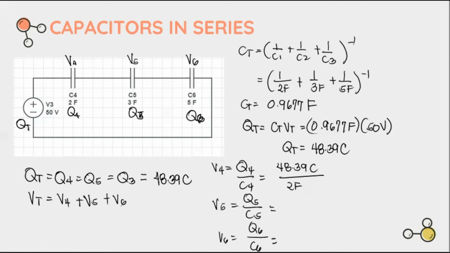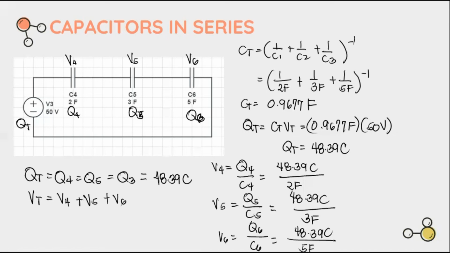Okay, this is 48.39 coulomb divided by 3 farads. Okay, same, 48.39 coulomb divided by 5 farad. Okay, si V4 equal po siya sa 24.2 volts. Tapos, si V5 equal po siya sa 16.1 volts. And then si V6 is equals to 9.7 volts.